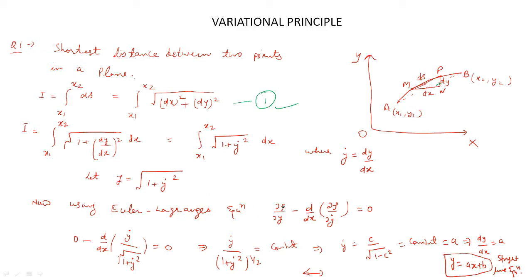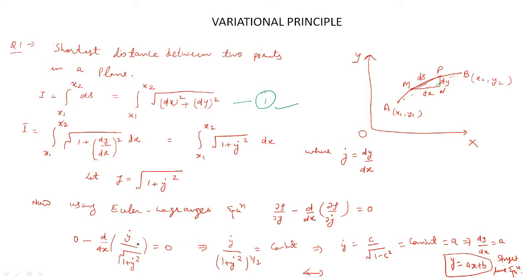Now we will use the Euler Lagrange condition, that is del f over del y minus d over dx of del f over del y dot equal to 0. So from here we will find del f over del y, that is equal to 0. Then we will find del f over del y dot, so it is equal to y dot upon root 1 plus y dot square.